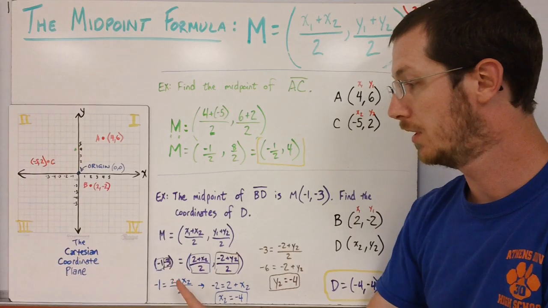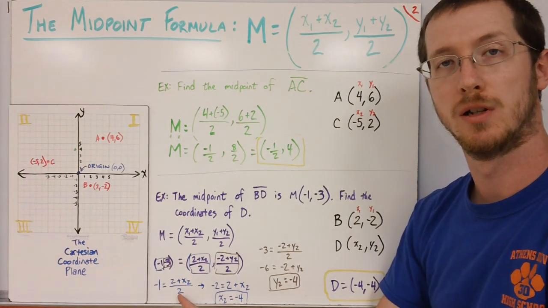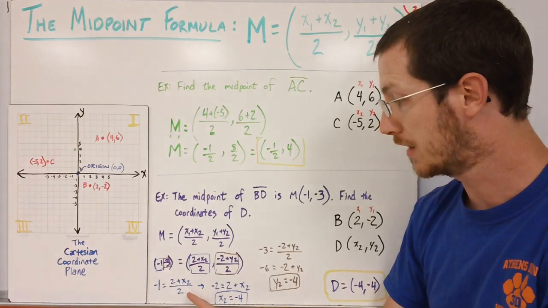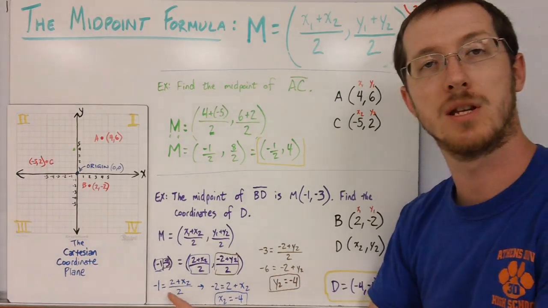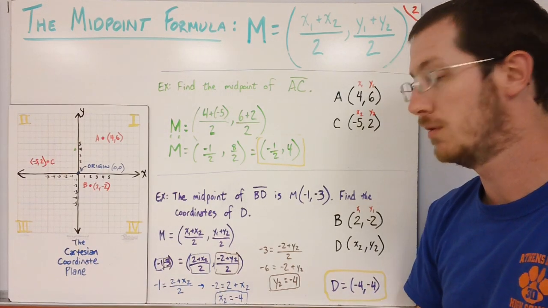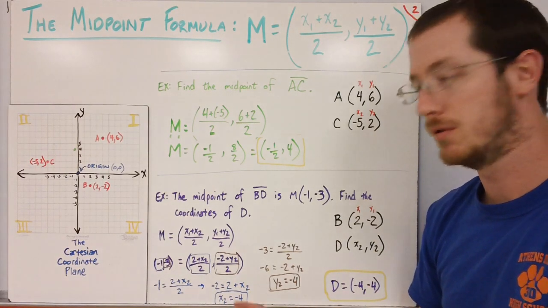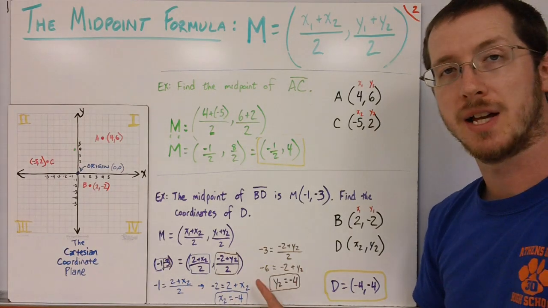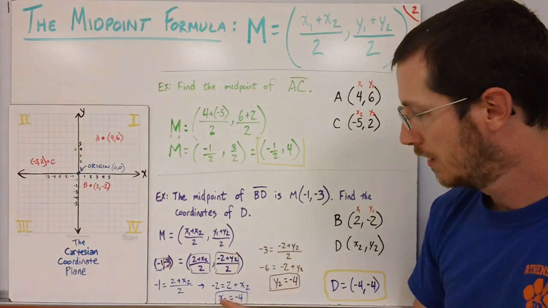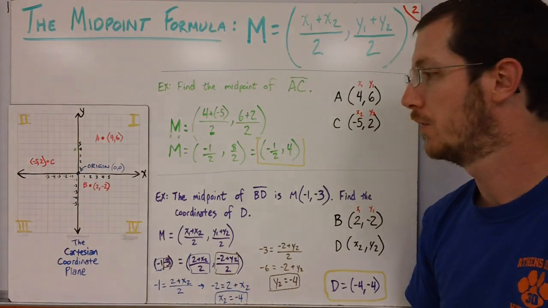So negative 1 is the same as (2 plus x2) over 2. Do your algebra, solve for x2. We're going to multiply both sides by 2 to get rid of that fraction. Negative 1 times 2 is negative 2, which is equal to 2 plus x2. Subtract 2 from both sides to get that x2 by itself. x2 equals negative 4. So that's our new x-coordinate for our point D.